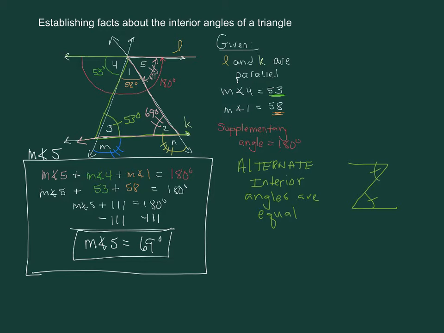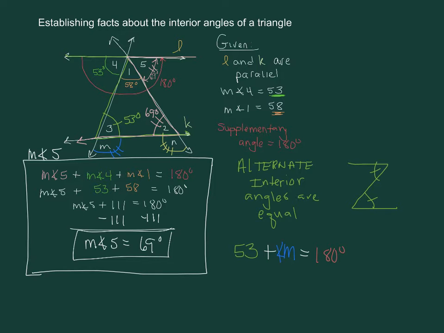Well, if I look at this line, this looks like a straight line to me, which means it's supplementary, and the same here, supplementary. So if those are supplementary, I know they're 180 degrees, meaning that 53, hold on, 53 plus angle M has to be equal to, yet again, 180 degrees.